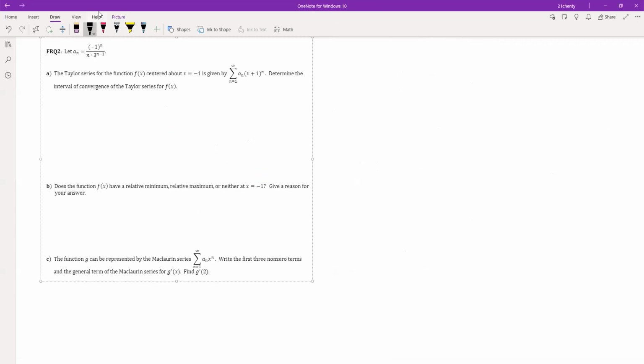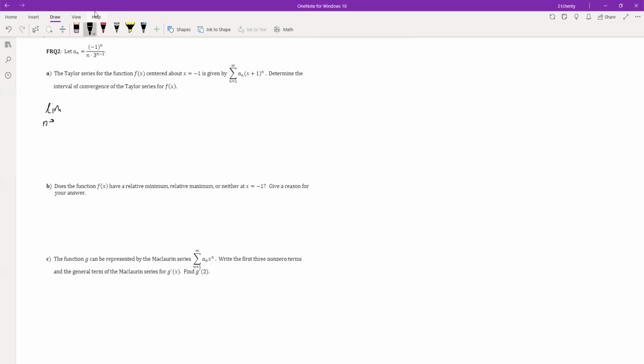Now at part A, the Taylor series for the function f centered about negative 1 is given by this. Determine the interval of convergence. So this is just going to be a ratio test. Let's write it out.